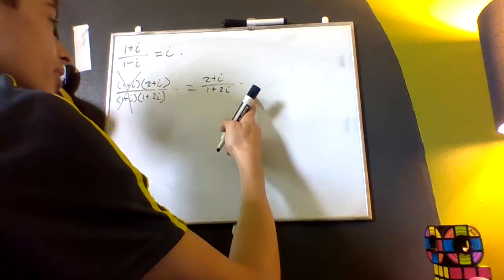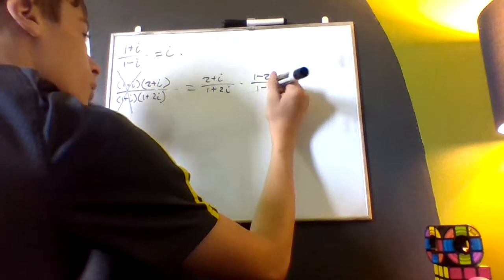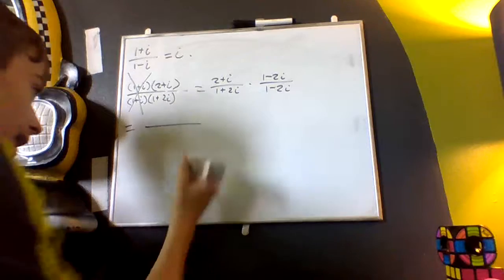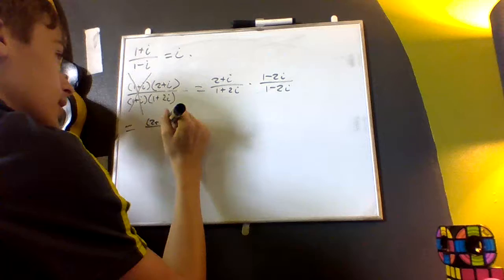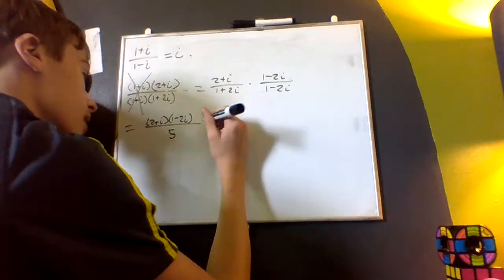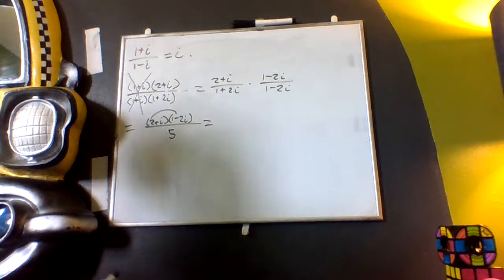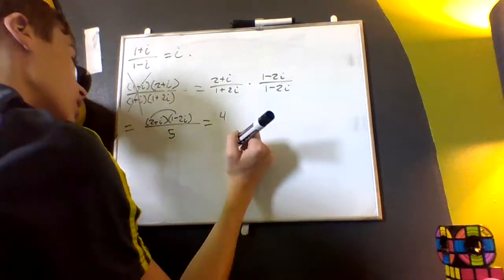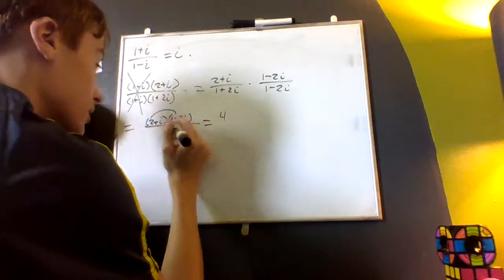Multiply by the conjugate on that, which is going to be 1 minus 2i. You get 1 squared plus 2 squared on the bottom, which is going to be 5. Then on the top, you get 2 plus i times 1 minus 2i.